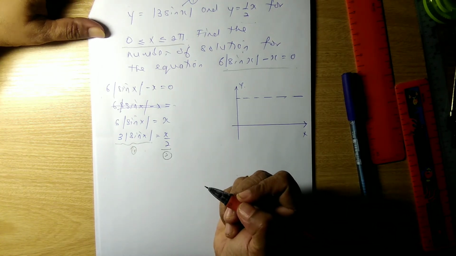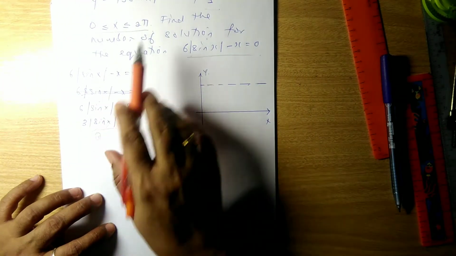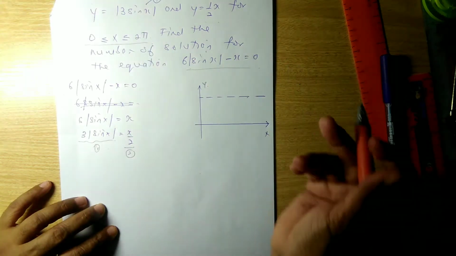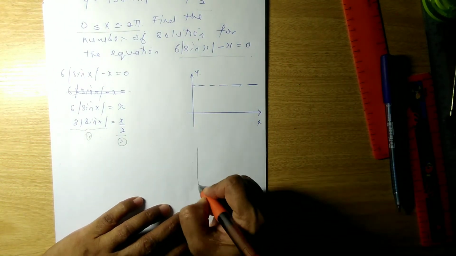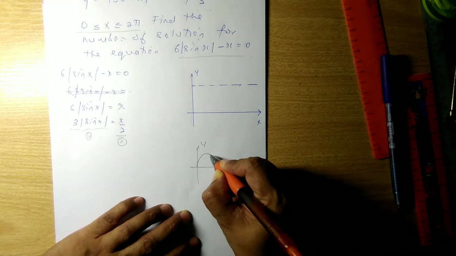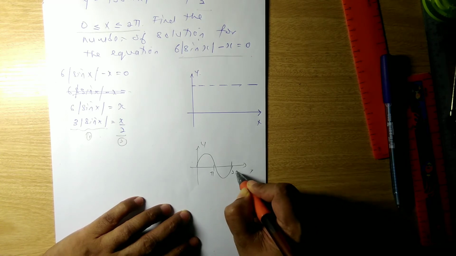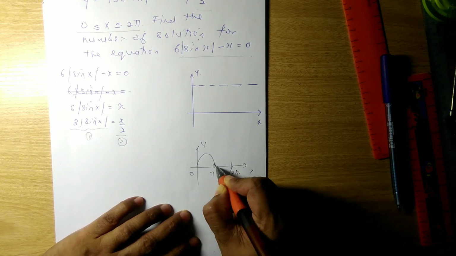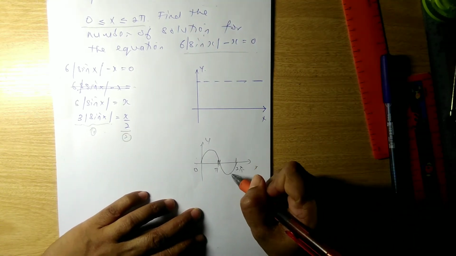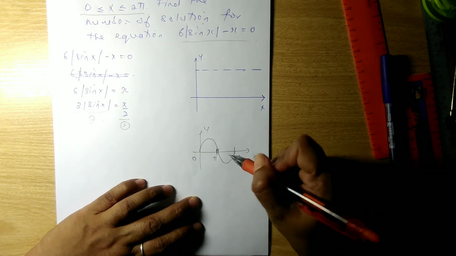So how do we do this? First, let's look at our sine x. If you still remember the function of sine, the graph is something like this. Here is pi, this is 2 pi, this is 0. If it's a modulus, as we have seen before, the part below the axis does not exist, it's reflected up, so the graph becomes like this.